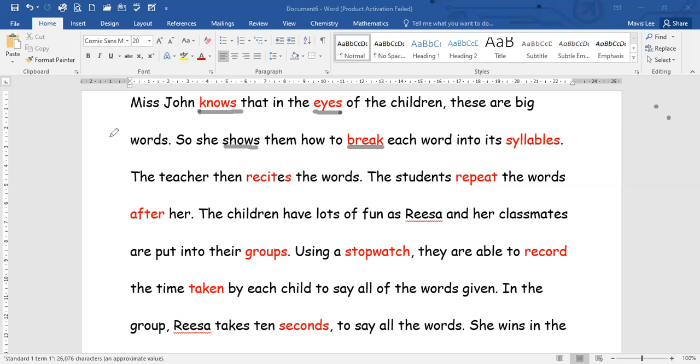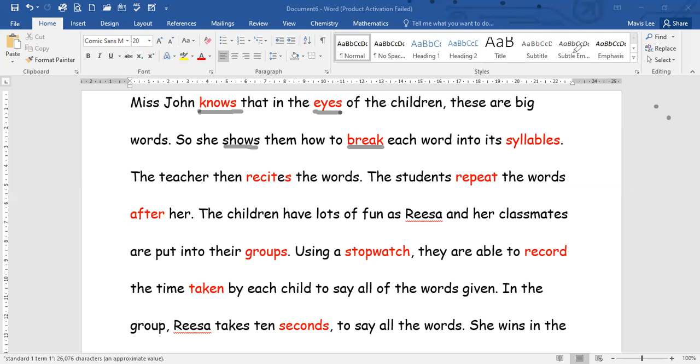So Miss John is the teacher, and she knows. To know means to have knowledge in your head, that in the eyes of the children, which means the children are looking at the words and they are saying that they are big words. Okay? That's what it means by in the eyes of the children. That's what they understand. That's what they know.